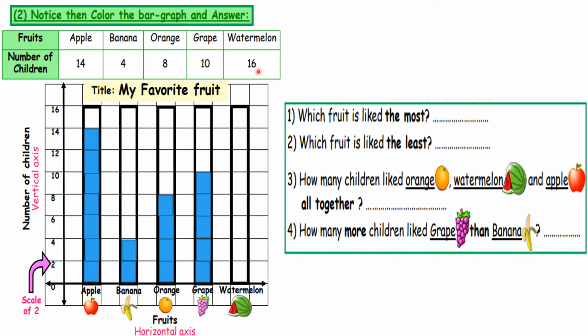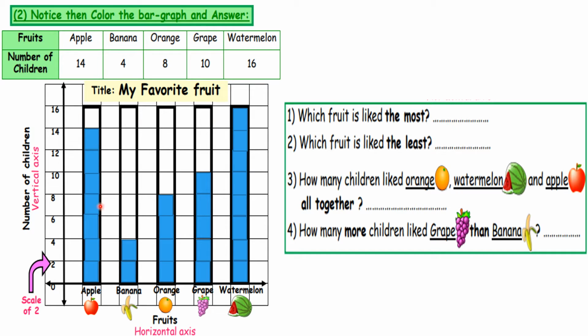There's 16 children like watermelon. So would I color 16 bars? No. I will color only to reach number 16, because this scale is counting by 2. So I will color to reach number 16, and this is my bars.